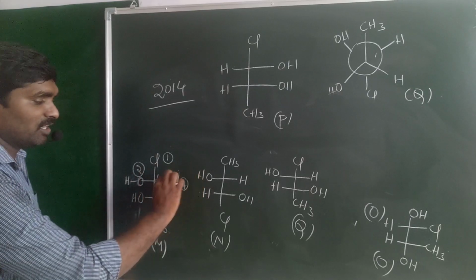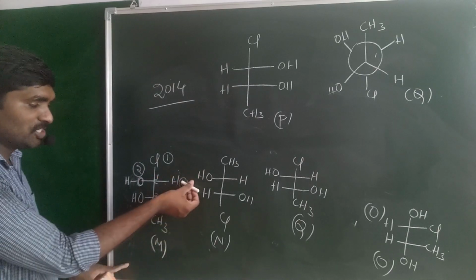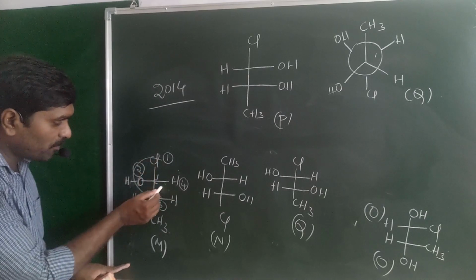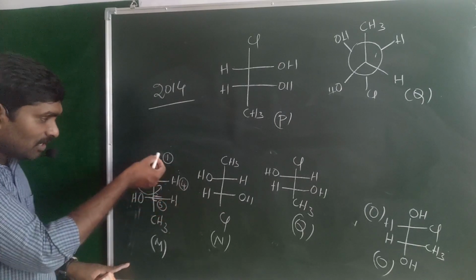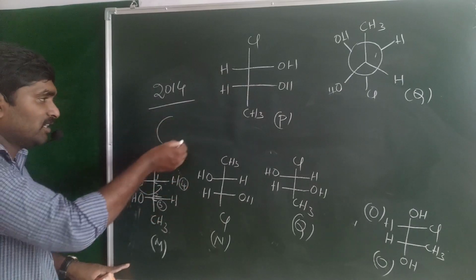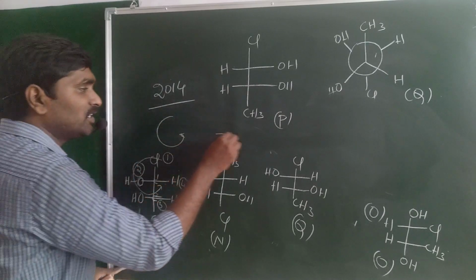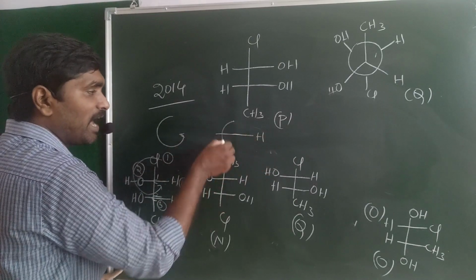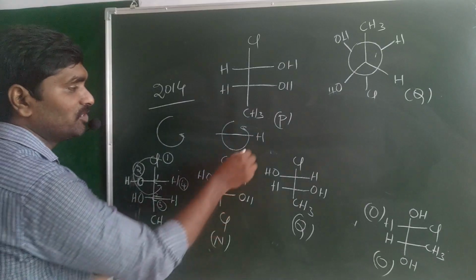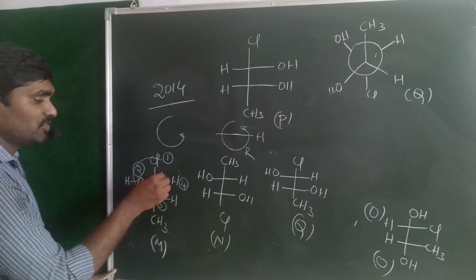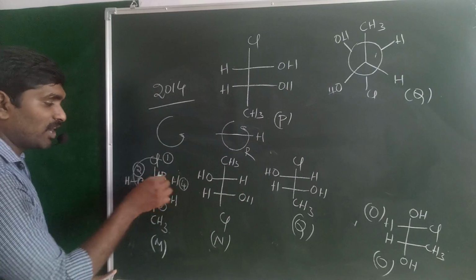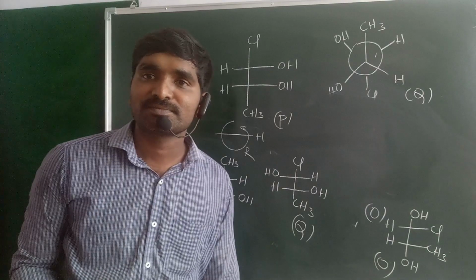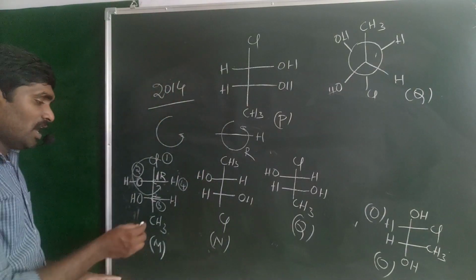So when you see from the least priority group, which is present on horizontal line, the remaining 3 groups, 1, 2, 3, that may be anti-clockwise direction, maybe like this. When the least priority group is present on horizontal line, the remaining 3 groups are in anti-clockwise direction, which is R configuration. That means which may be the R. So nothing but 1R. On the first carbon you have the configuration R, 1R. Okay guys? And go for second one.